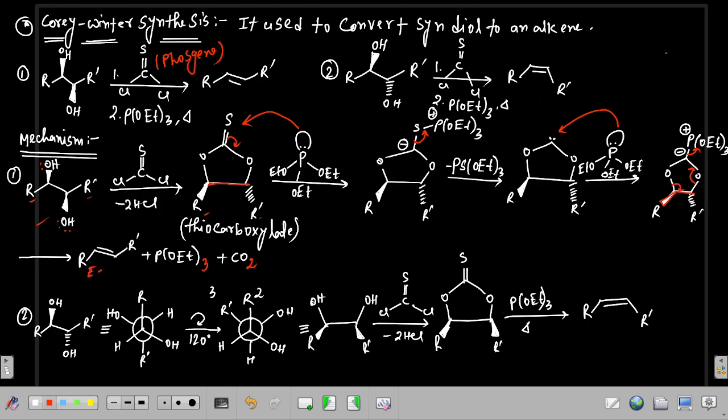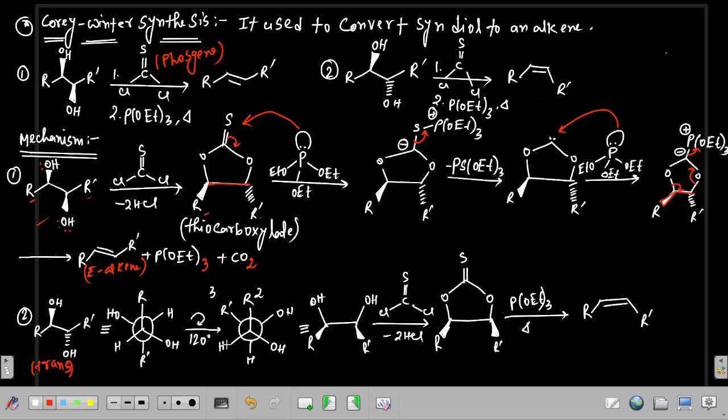Here it will form the E alkene because both R and R dash are trans to each other.